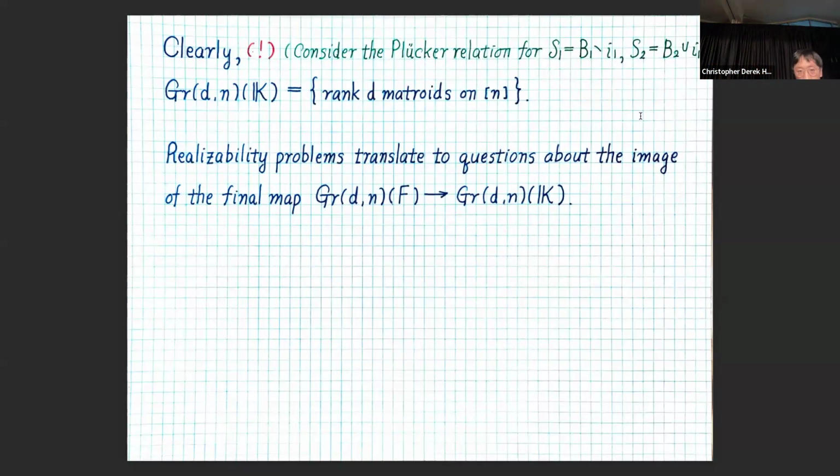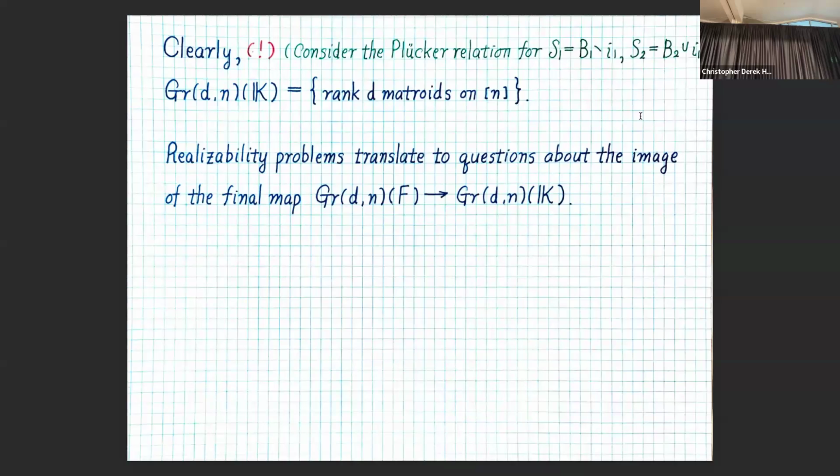And the realizability problem translates to questions about the image of the final map on the level of Grassmannian. So the points on the target are called realizable matroids, and the fibers are what geometers call the realization space.